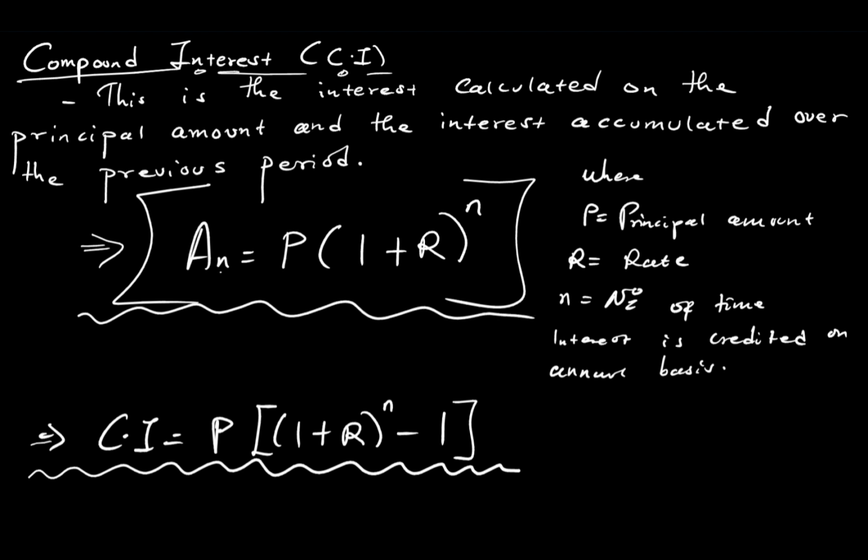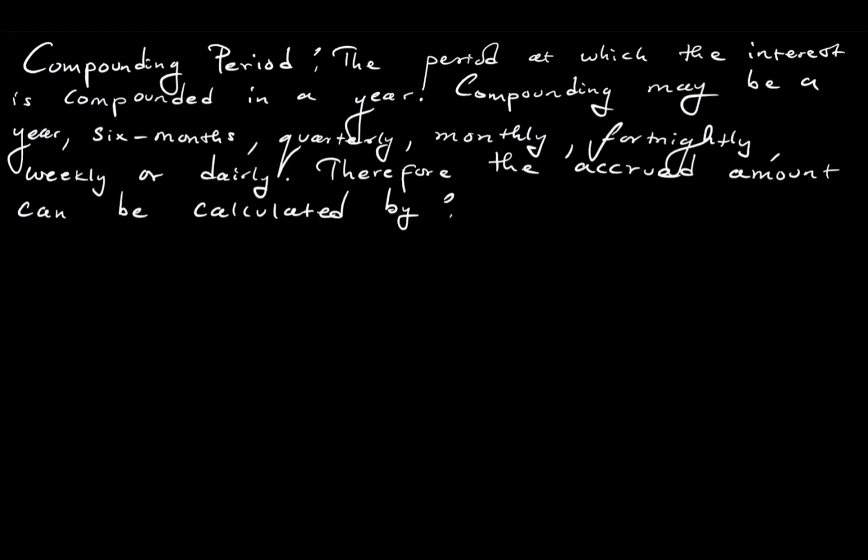Now, with what has been said, we need to work out the interest for the first period, then add it to the total, and then calculate the interest for the next period, and on and on. With this in mind, we need to understand something. There is what is known as the compounding period.